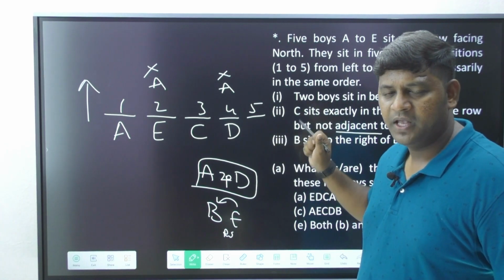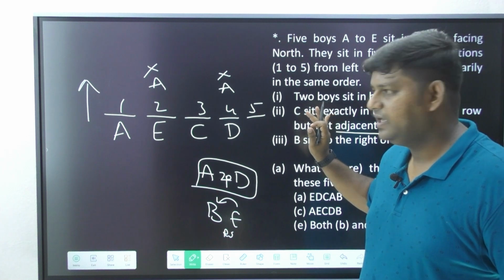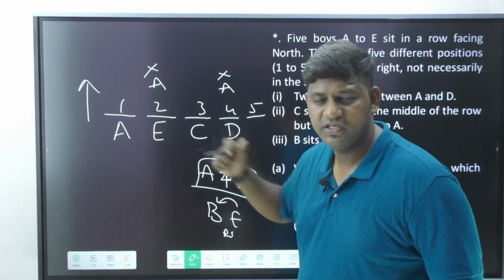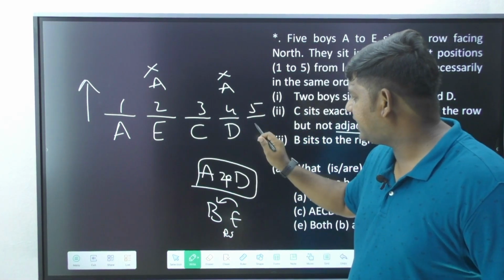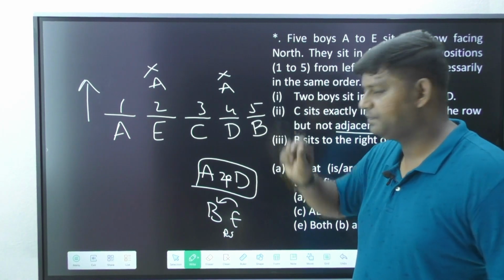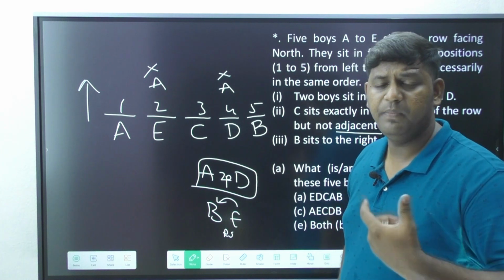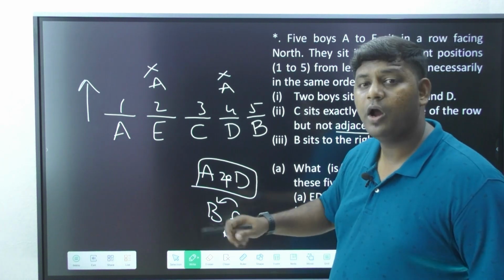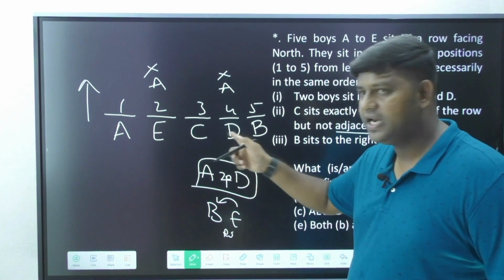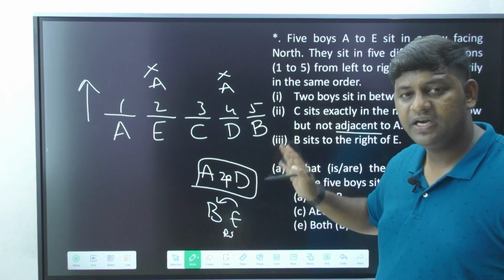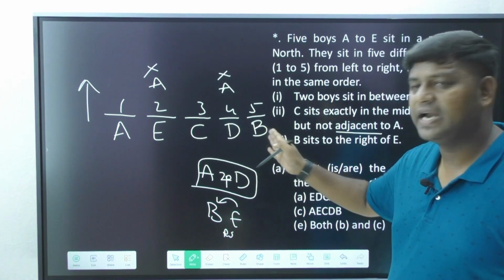That is why that possibility is eliminated. I have brought E at position number 2. E's right side I have to bring whom? B. Again, as I told you, it may be immediate right or may not be. So here it may not be the immediate right of E. This is all right side of B.